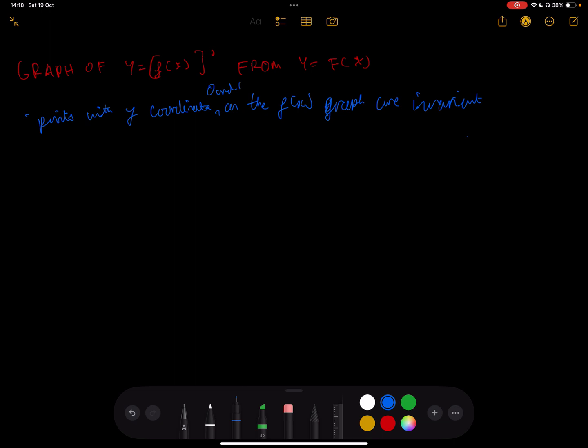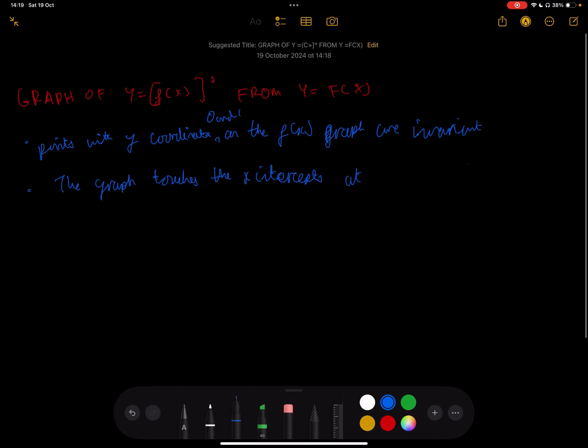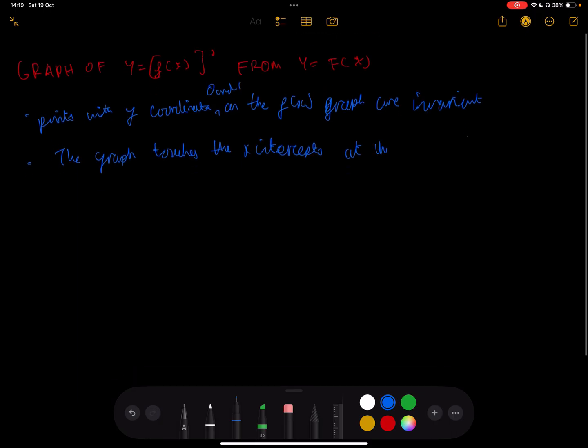Alright, so the graph only touches the x-intercepts. What does this mean?